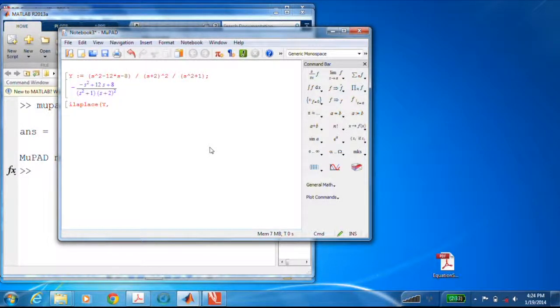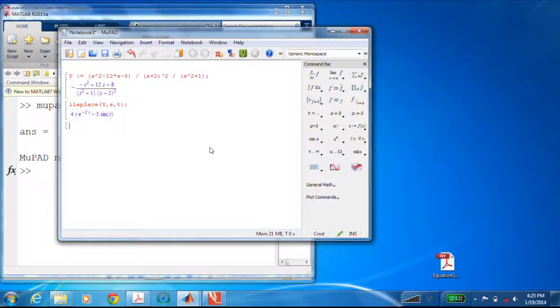I give it the rational function in s, which is what we called y. I have to tell it what variable it is a function of and what variable I would like the inverse Laplace transform to be a function of. And there it is. Lo and behold, I believe that's exactly what we got on the previous page. Our C1 was equal to 4, C2 and C3 were 0, and C4 was -3.